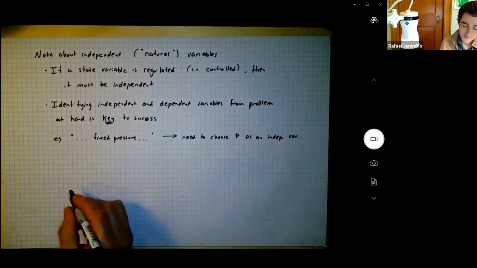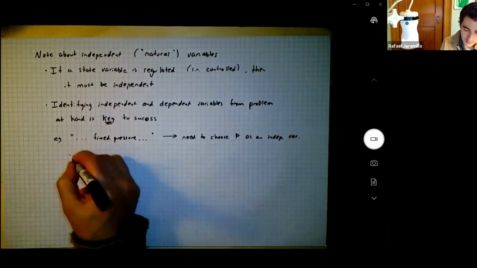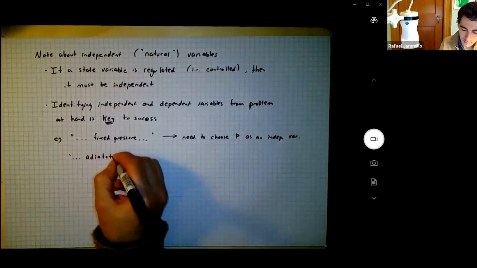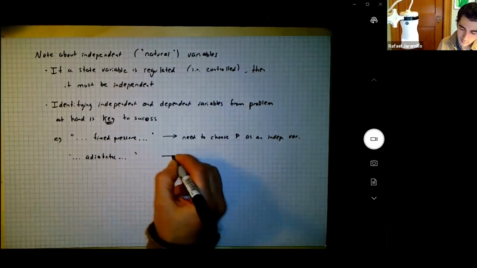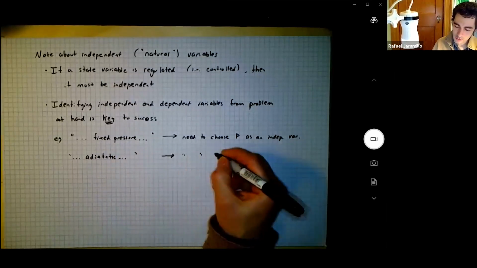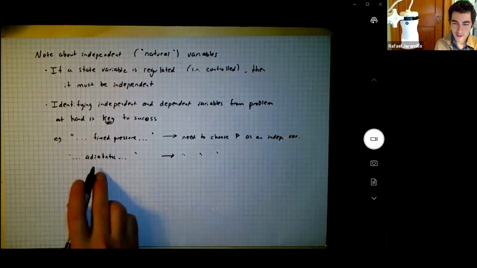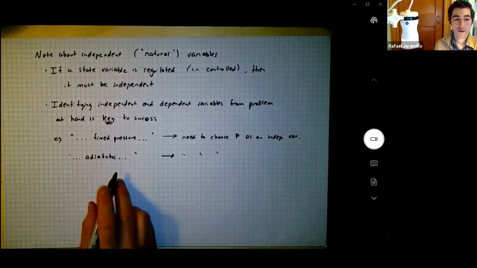If the problem says adiabatic, what should be one of your two independent variables?